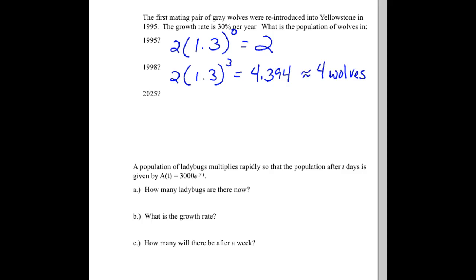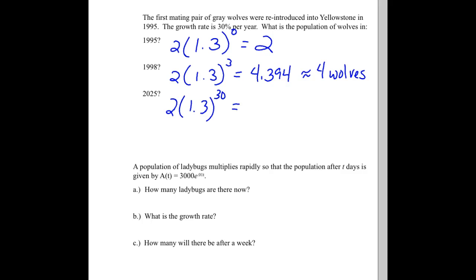All right. How about 2025? How many years later from 1995 is that? 30 years? All right. So what if we checked back 30 years later? Now, how many wolves are there?